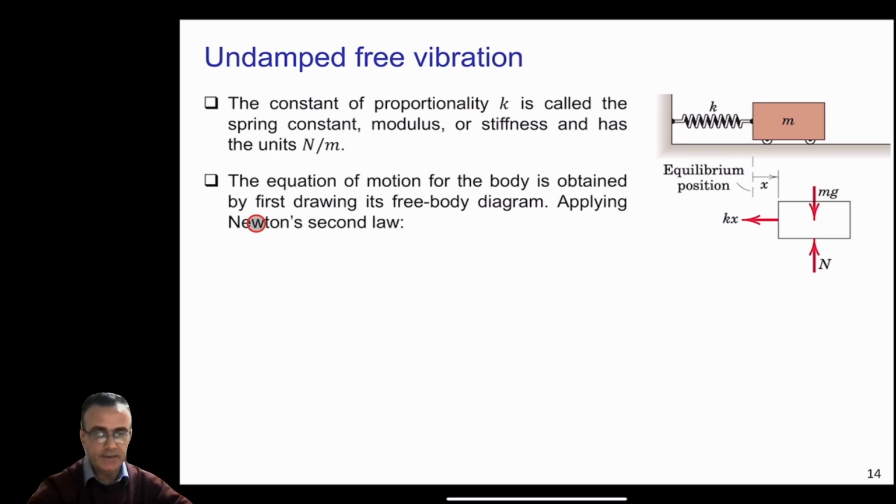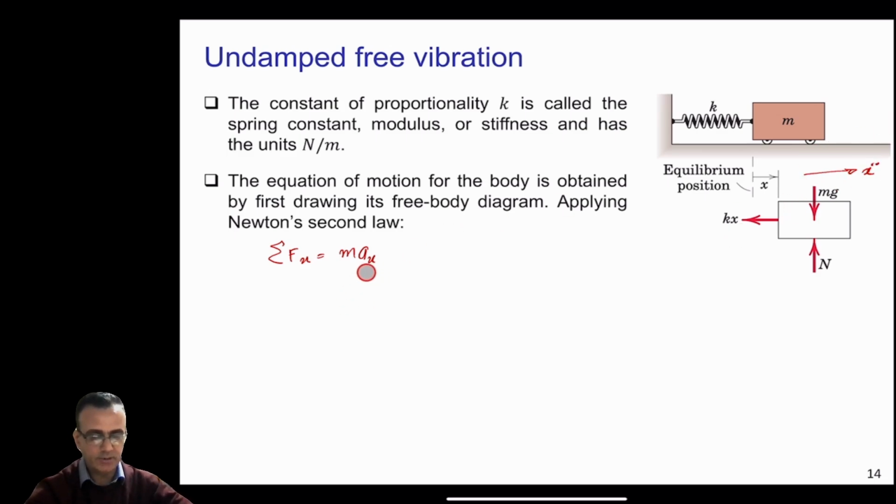So the equation of motion for the body is obtained by first drawing the free body diagram, as we already did here. This is the free body diagram, and now we want to write the equation of motion. So you will use Newton's second law, which is the summation of all the forces in x direction equal to max, because the body is accelerating in the x direction, and we will assume that acceleration is positive in this direction here.